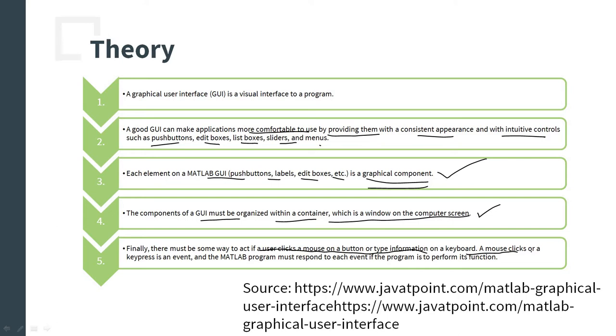A mouse click or a key press is an event, and the MATLAB program must respond to each event if the program is to perform some function. So we can set some callbacks, and whenever we push the button, MATLAB gives the output, performing the function we have asked of the program.